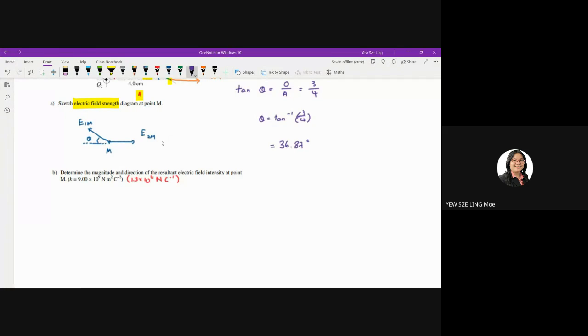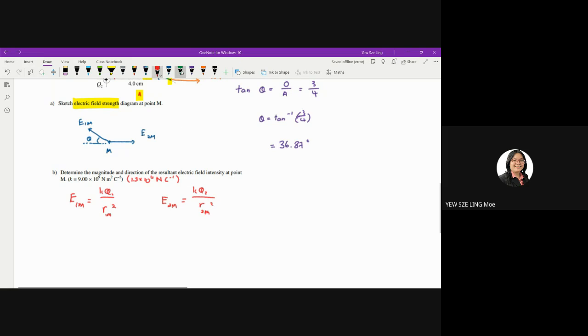But before resolving vectors, always remember, you need to calculate the values of the electric field first. So you calculate E1M by using kQ1 over R1M squared, and then you calculate E2M by using kQ2 over R2M squared.